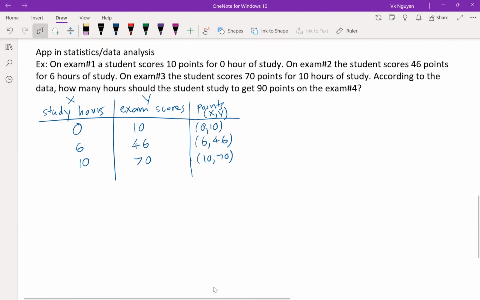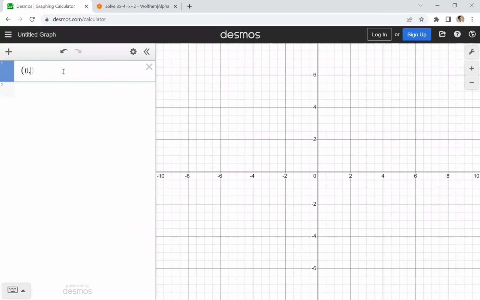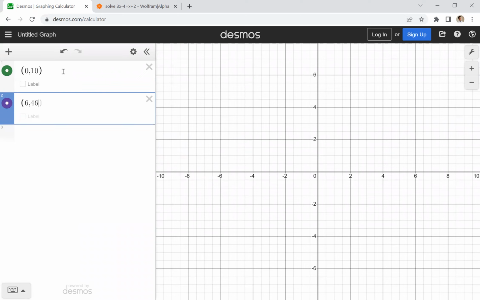The best way to plot is, of course, using technology, and the technology here is Desmos. Let's take a look at Desmos here. You can plot the point 0, 10. Next is 6, 46. And then the last one is 10, 70.